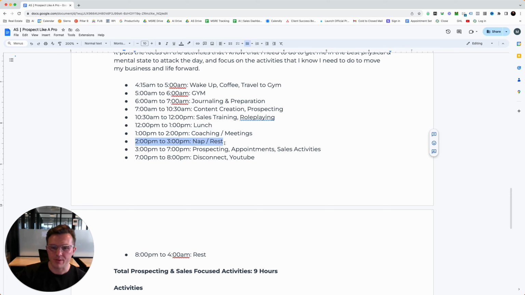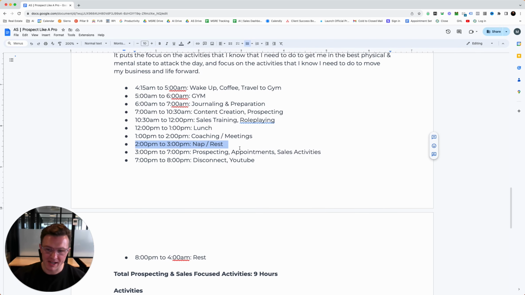And then from 2 to 3, full transparency, I just started implementing this. But from 2 to 3, I usually take a nap. The reason is because I found out that my office space now has a nap area, and I block it off every day. I do this because I end up working later into the evenings, especially right now during the spring market.